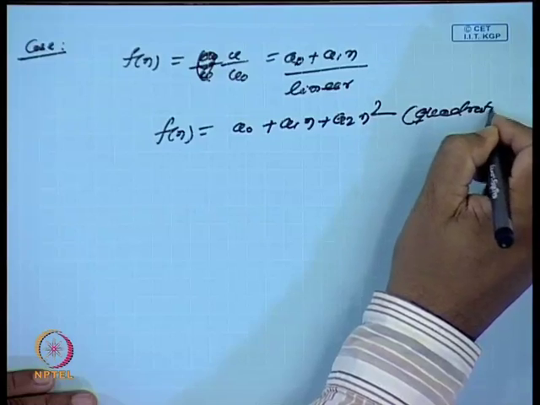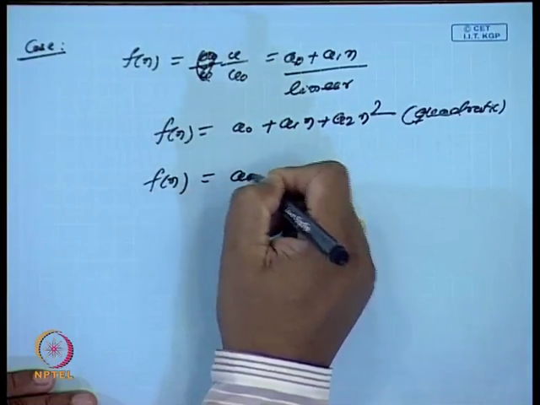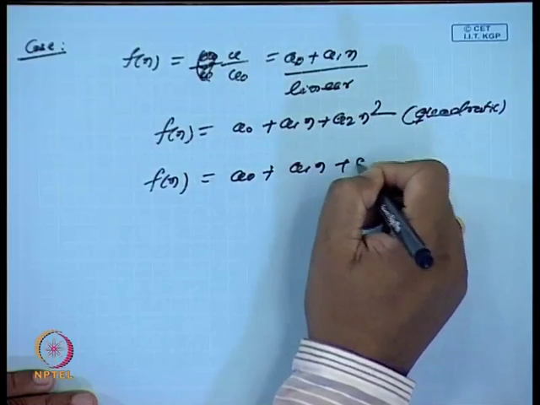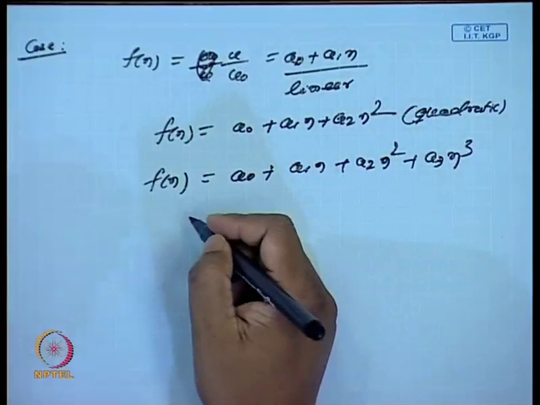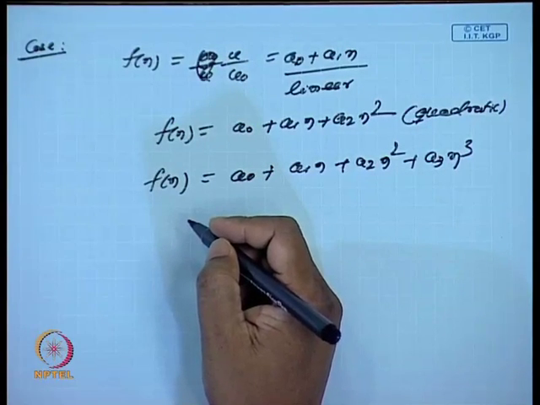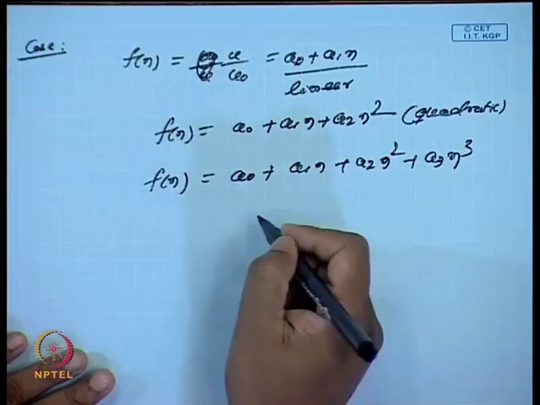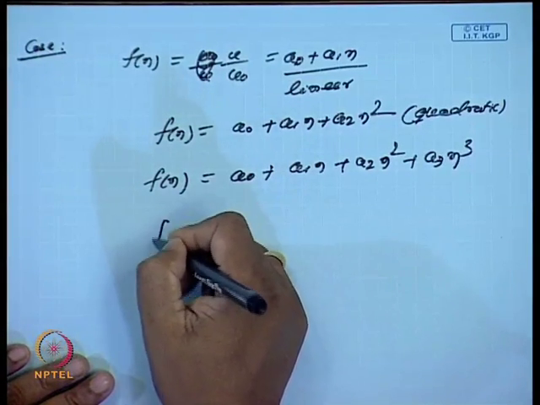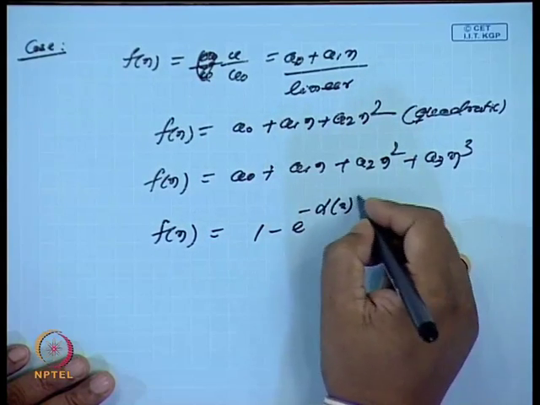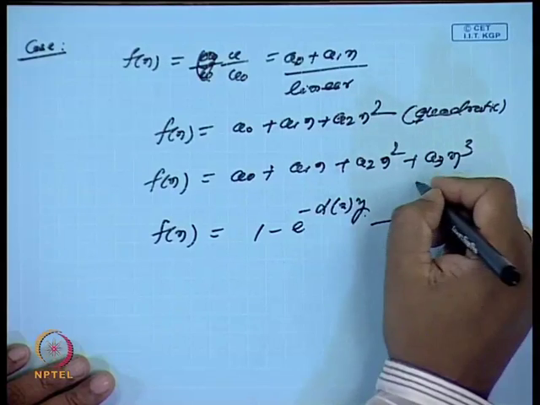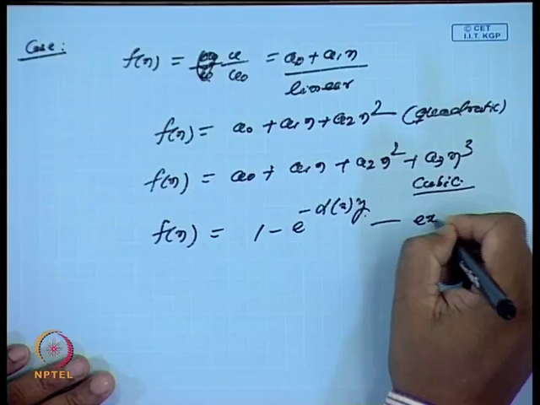I can think of also a cubic approximation. I can also think of other approximations like an exponential approximation, 1 minus e to the minus alpha x into y. This is a cubic approximation, and this is an exponential.